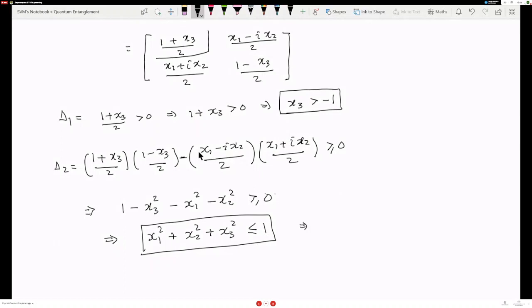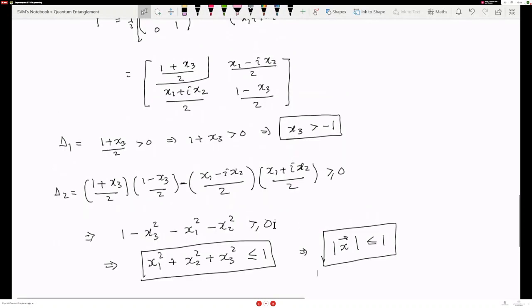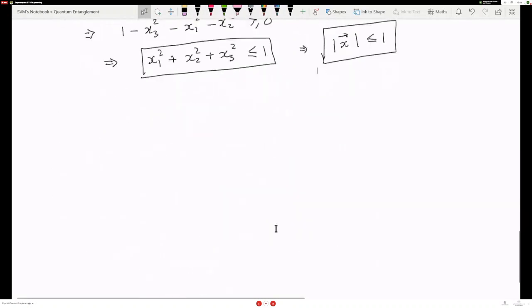So the condition seems to be that the modulus of this vector x has to be less than or equal to 1. Now you have an interesting interpretation.